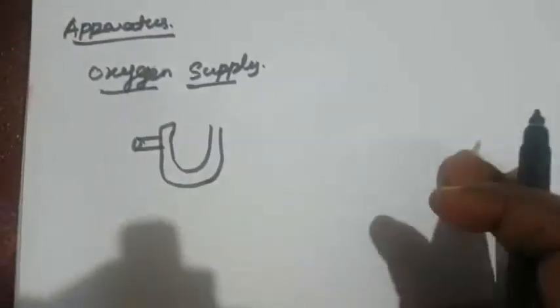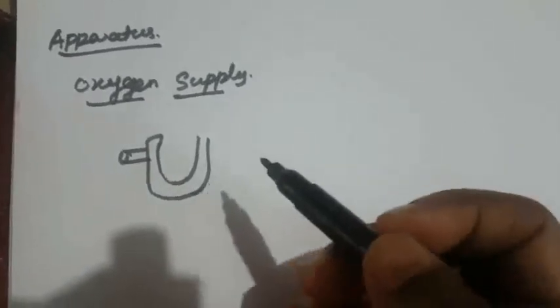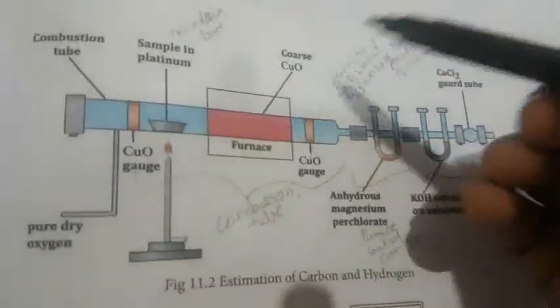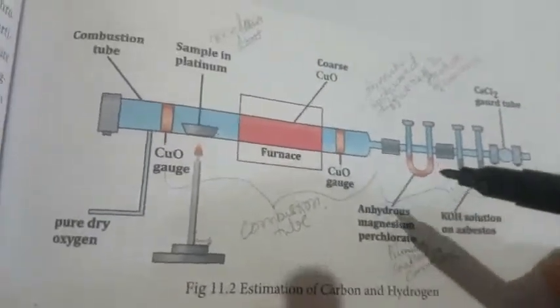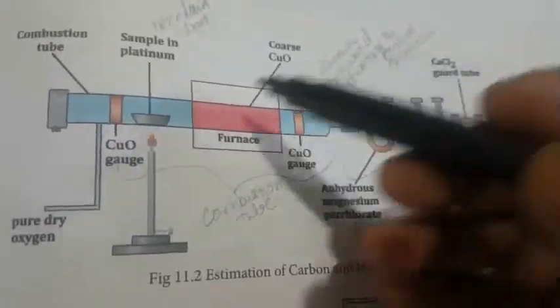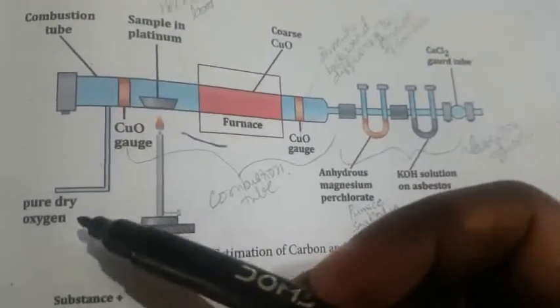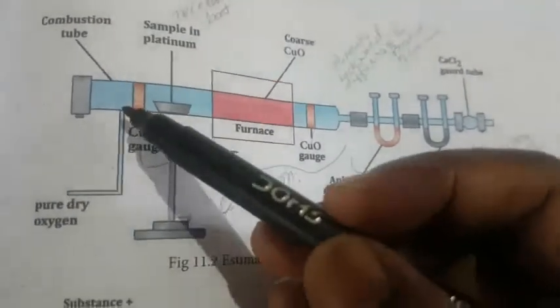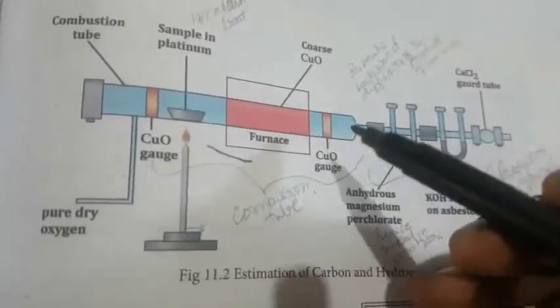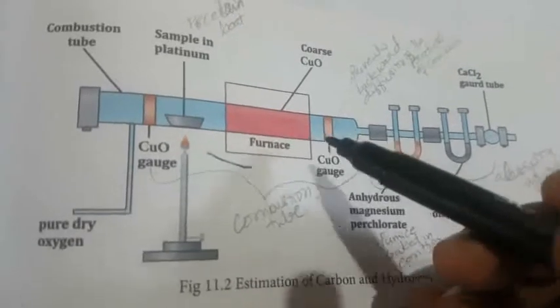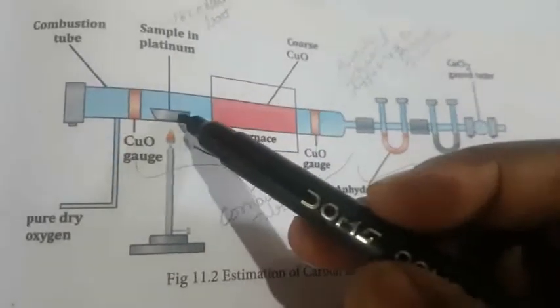So no diagram in your textbook. So here, this is the apparatus used for the estimation of carbon and hydrogen. First apparatus is the oxygen supply. This is the pure oxygen supply to the combustion tube. The combustion tube contains copper wire gauze on both sides, and the sample is placed inside the combustion tube.